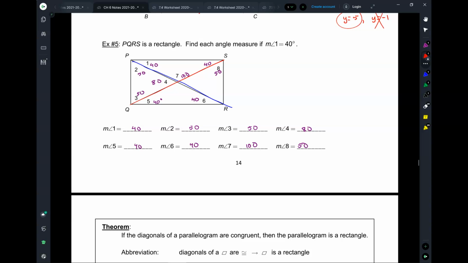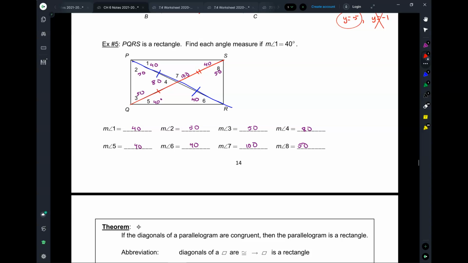So that means this is congruent to that, and this is congruent to that, correct? But if the entire blue is equal to the entire red, then half of the blue is equal to half of the red, right? So they're congruent like that. So that makes that triangle isosceles. All the triangles inside are isosceles.